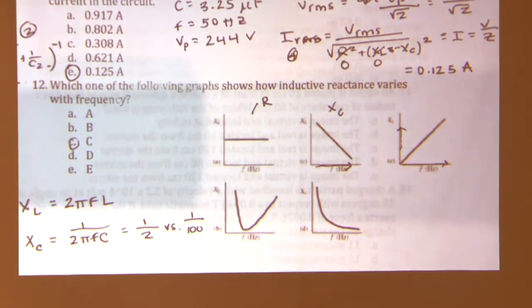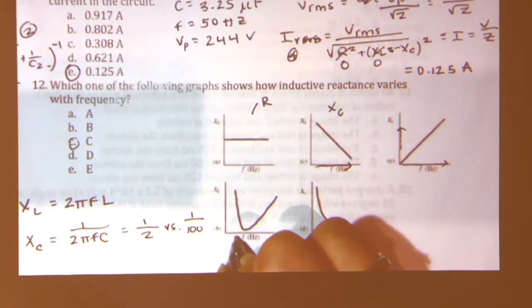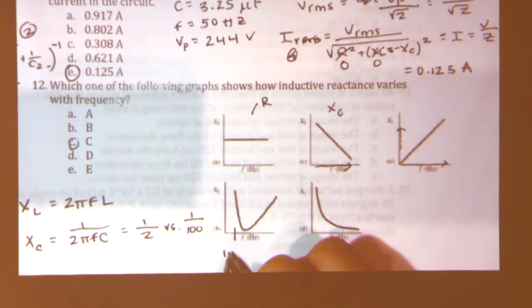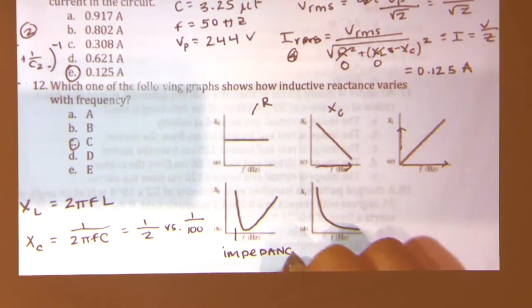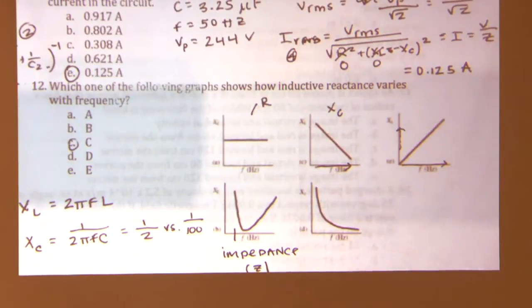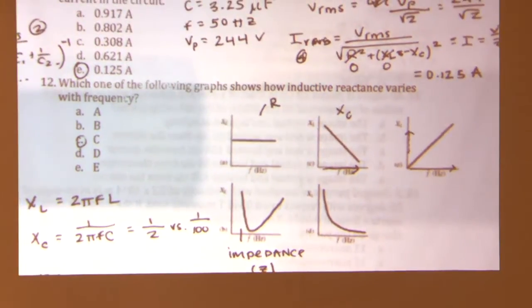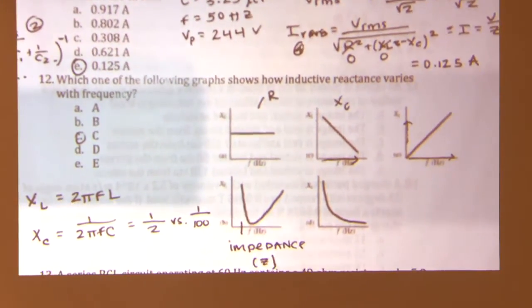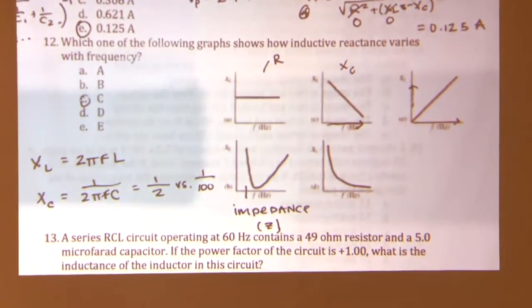And just so you can recognize it, graph B is the graph for impedance, Z. And honestly, the last one, I'm not sure what that is. I don't think that's a graph of anything. But being able to recognize those graphs is a good concept question you could be asked.